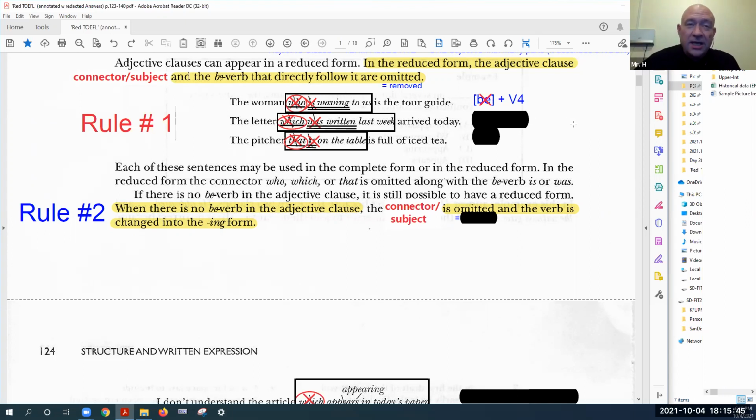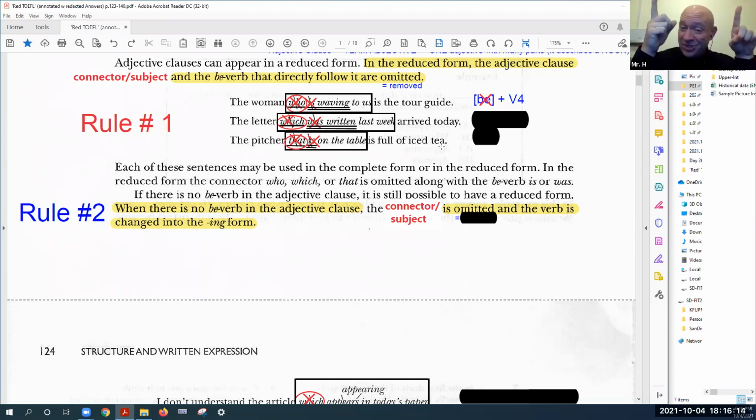Okay, good. Ibrahim, read the second example. The letter which was written last week arrived today. What's in the box? Team adjective. Yes. So we have which. Is it just a connector? No, it is a subject.